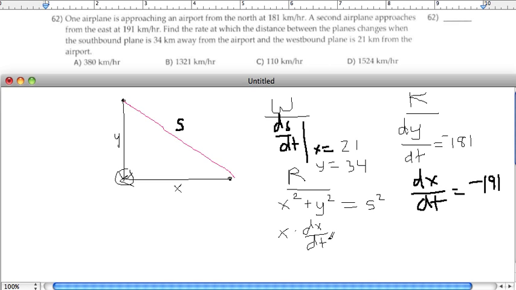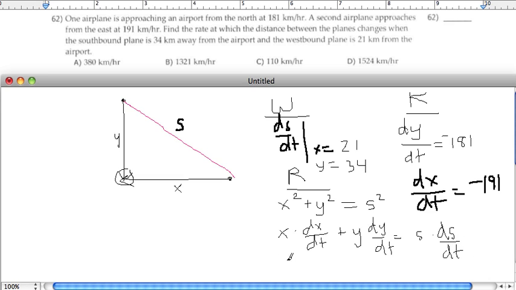Then I'm dividing both sides by 2. So we get x dx/dt plus y dy/dt equals s ds/dt. Oh my gosh, this takes forever. That is just beautiful, isn't it?